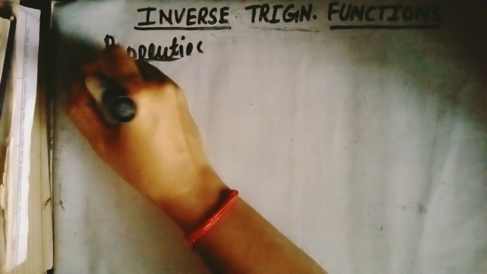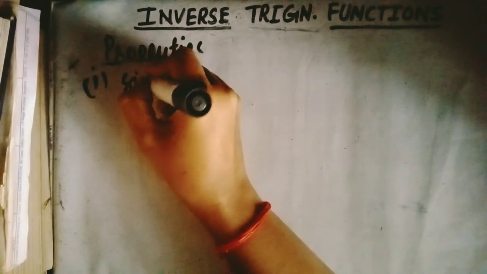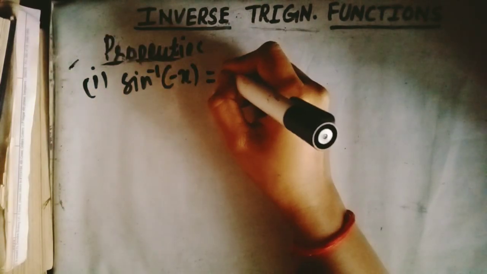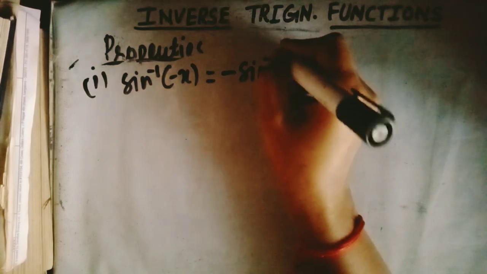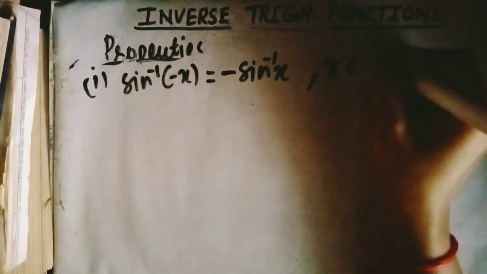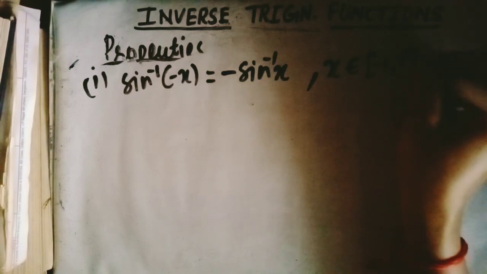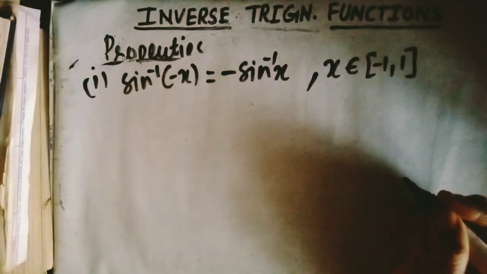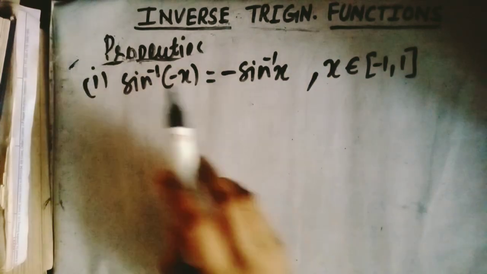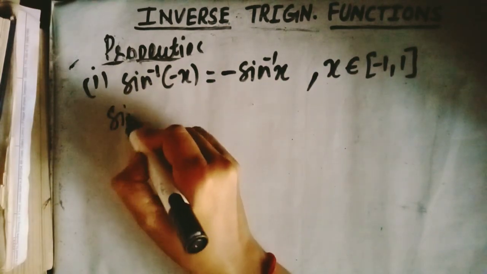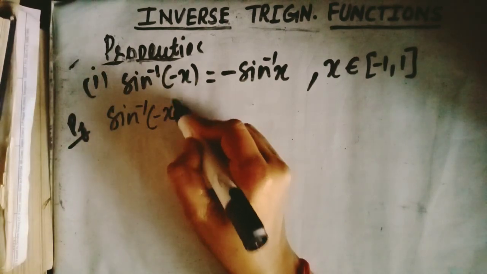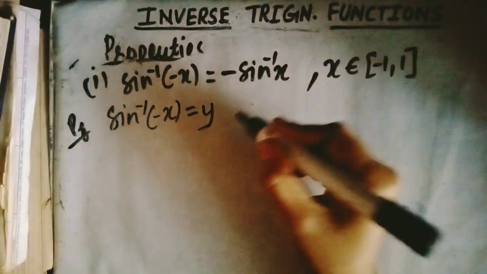So the first one is sine inverse of minus x is equal to minus sine inverse of x, where x belongs to the closed interval -1 to 1. So start with our LHS. Let sine inverse of minus x be equal to y.